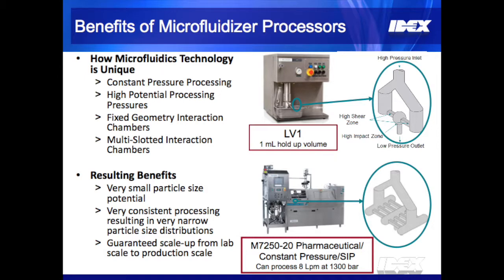We also guarantee scale up from lab scale to production scale. On the right, you see the LV1, which is capable of processing 1 milliliter of material. Then we have a biopharmaceutical 725020, which would be able to generate the exact same results in a cGMP environment at 8 liters per minute.